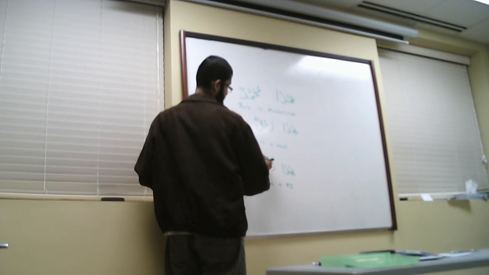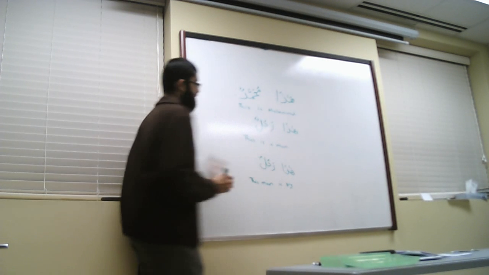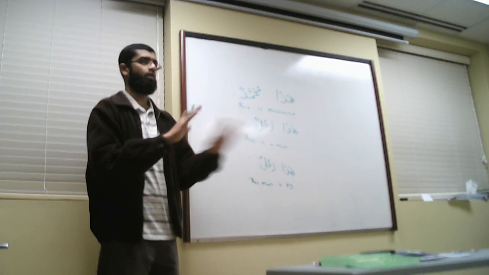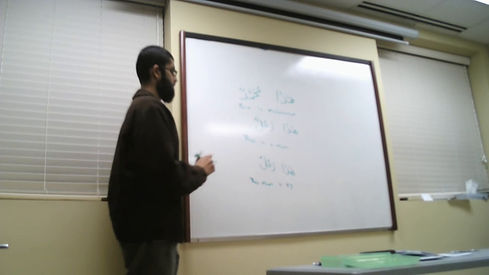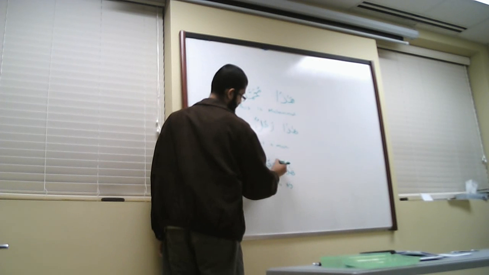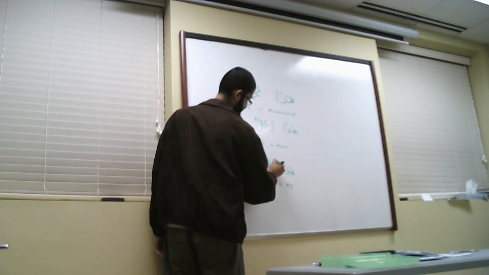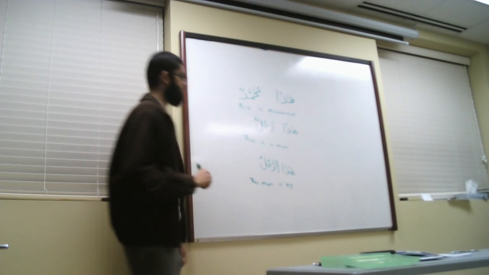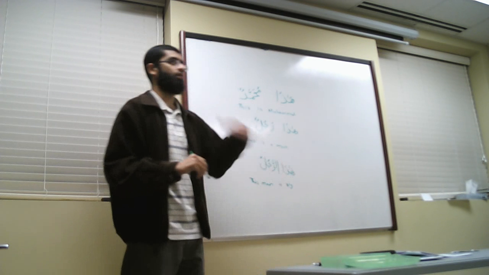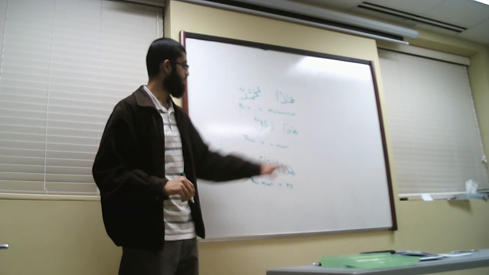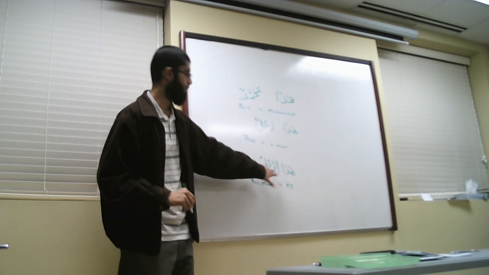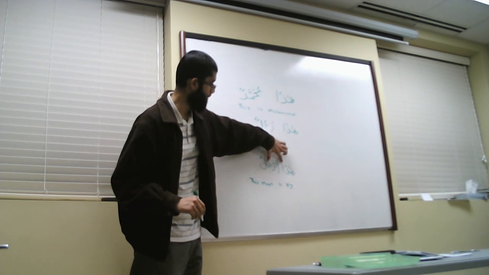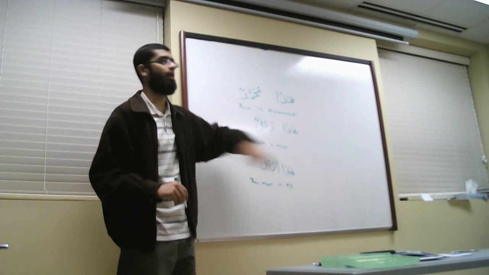Kabir, right? So I'm going to write Kabir. Is this a complete sentence now? Yes. Before, if it was just هذا الرجل, was that a complete sentence? No. So I have to tell you something about the subject, so I say كبير. هذا الرجل كبير. That's the gist of lesson 8. It's not that difficult.